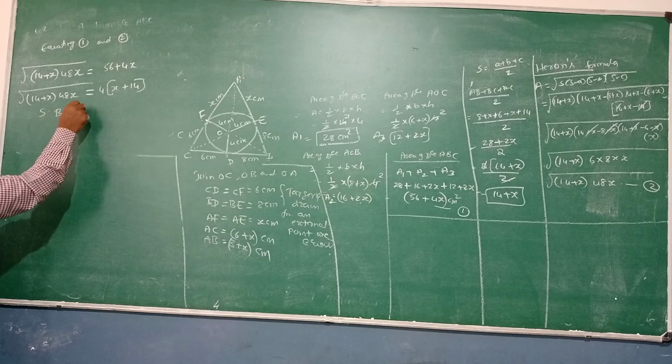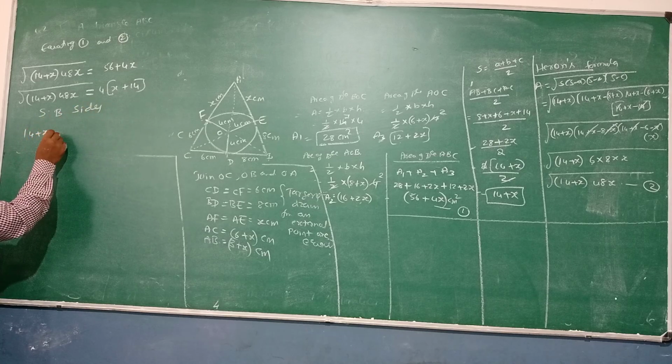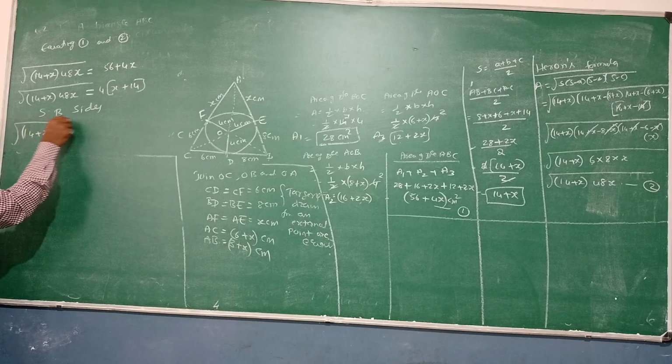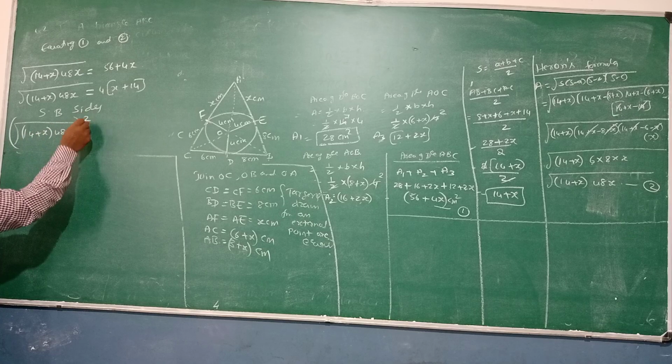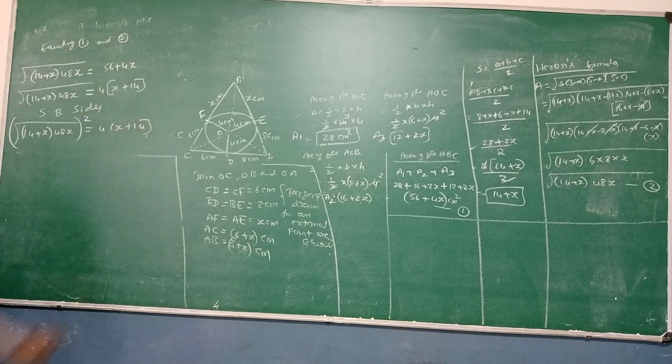Squaring on both sides. 14 plus x into 48x under the root, whole square, is equal to 4 into x plus 14.